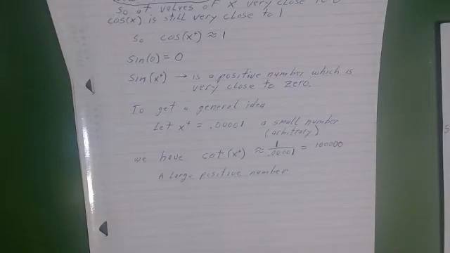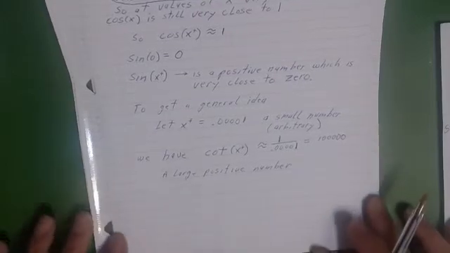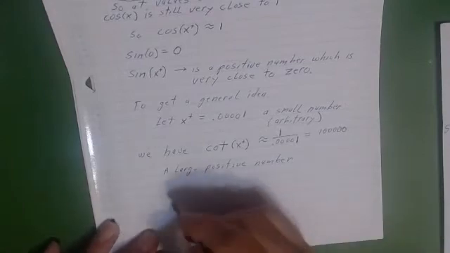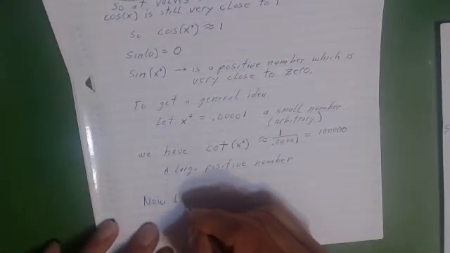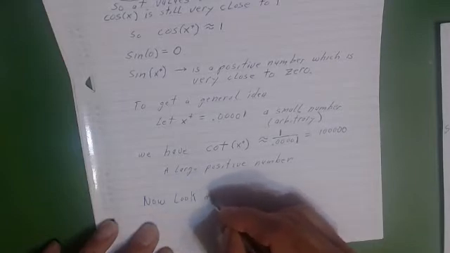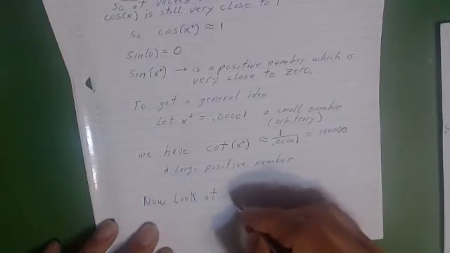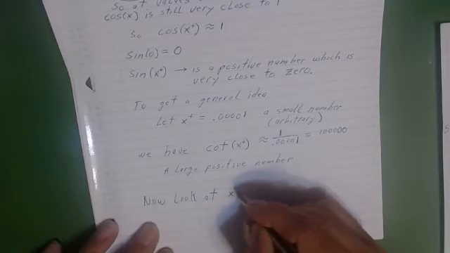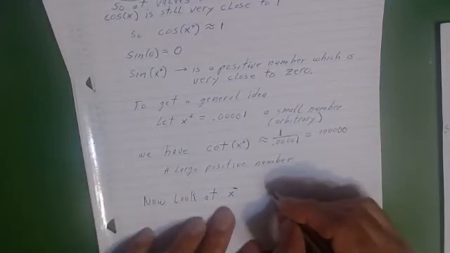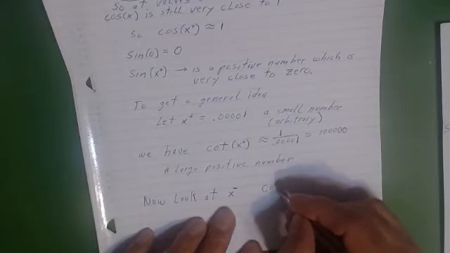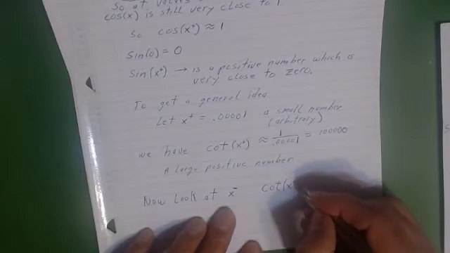Okay, and I haven't done it yet this morning, but you do the same thing. Now look at the behavior of x minus, okay? So we have cotangent of x minus.